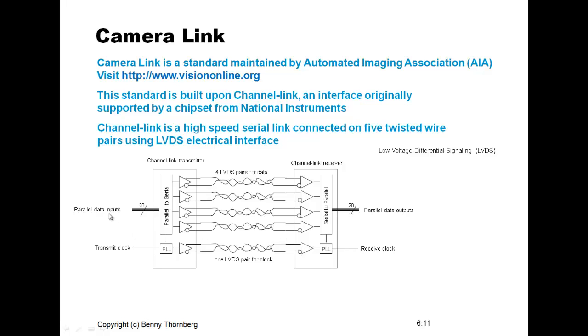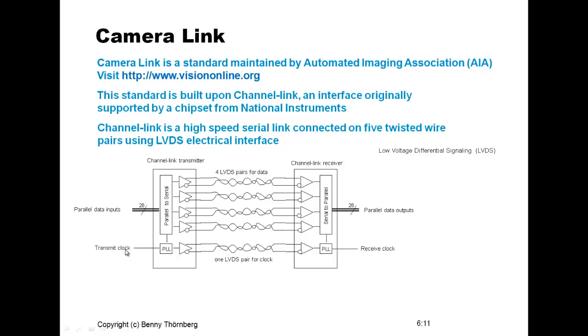The parallel data input, 28 bits, is divided onto 4 channels. Each one of these channels is transferring 7 bits of data at each flank of the input transmit clock cycle.